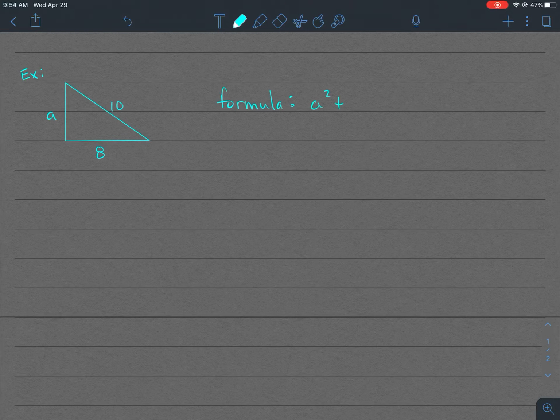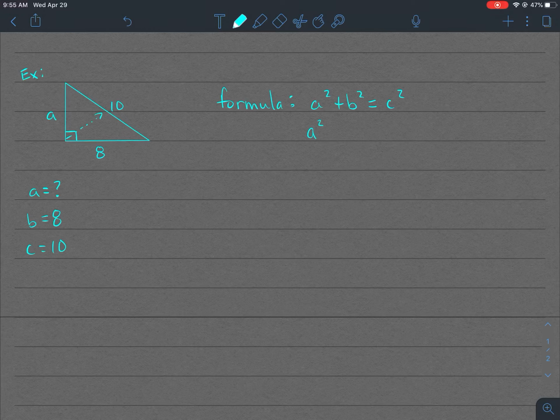The formula is A squared plus B squared is equal to C squared. And what do we know about our triangle? Well, we know that A is the one that we have to solve for. We know what B is. B is 8. And C, which is opposite the 90-degree angle, is 10. So use this information, plug it into your formula, and see where we go from there.